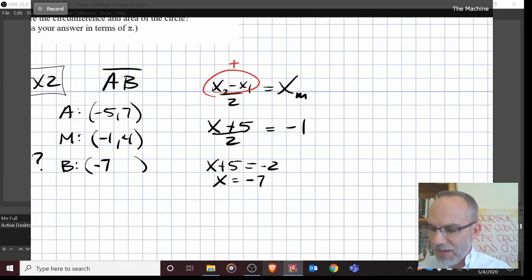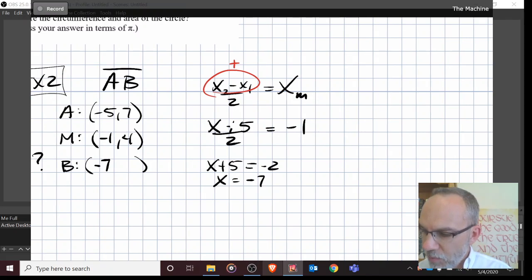All right, let's see if we can go back and fix this now. Because obviously the halfway point between -5 and -7 is not -1. So this will come back in through here. This will then make that a minus. And so then that changes this to a minus in there. And so then I'm going to add 5 to both sides. And so that I think is going to be a +3.